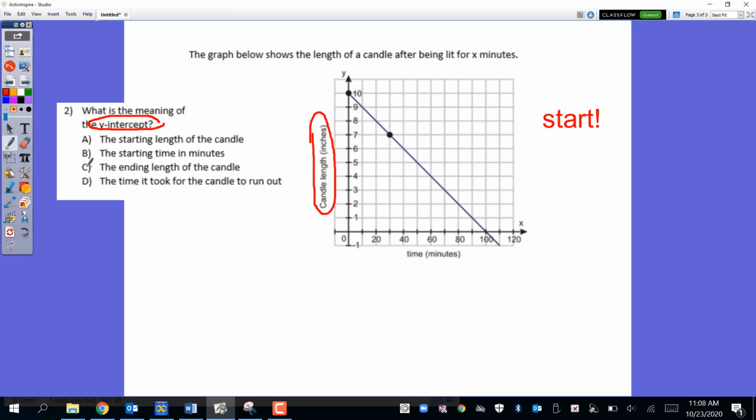So obviously it's not C and it's not D, because C is talking about the end. That's not the start. And D is talking about runs out, so that is also not the start. B said the starting time in minutes. Now we know the y-intercept is actually up there at 10, and we're talking about 10 inches. So that is the starting length. The start of the y is up there. So the correct answer was A, the starting length of the candle.